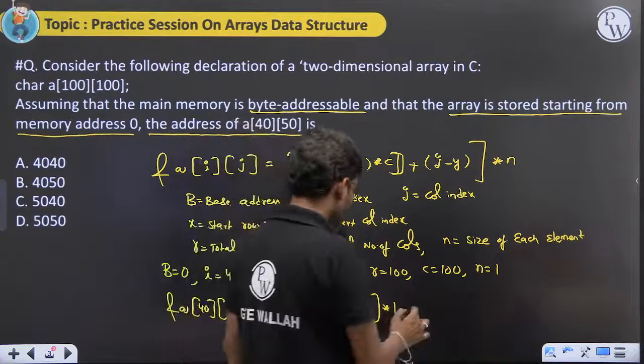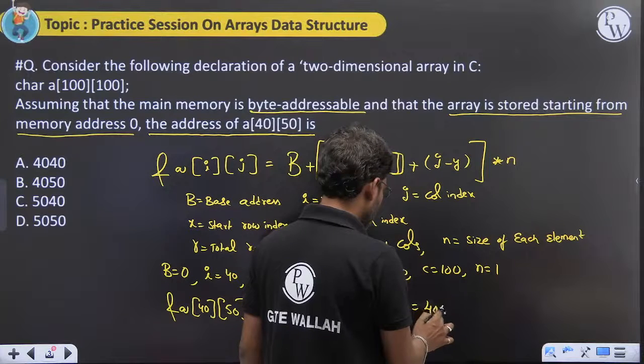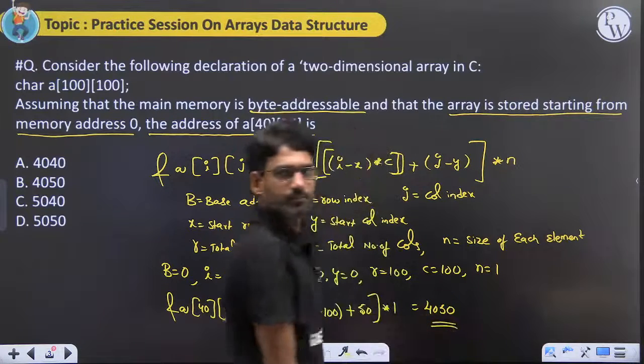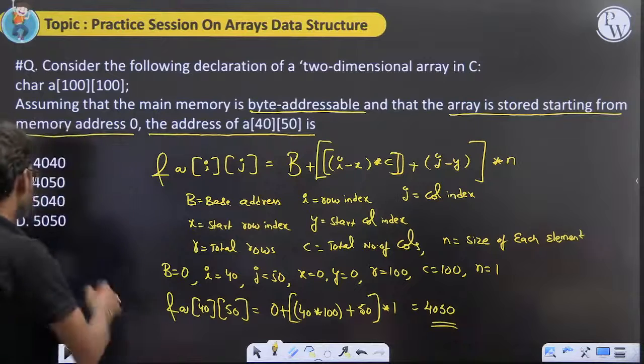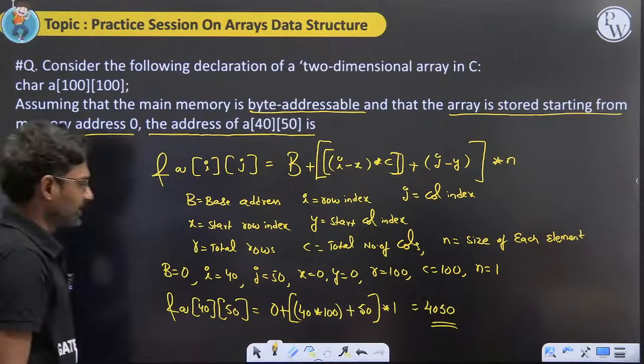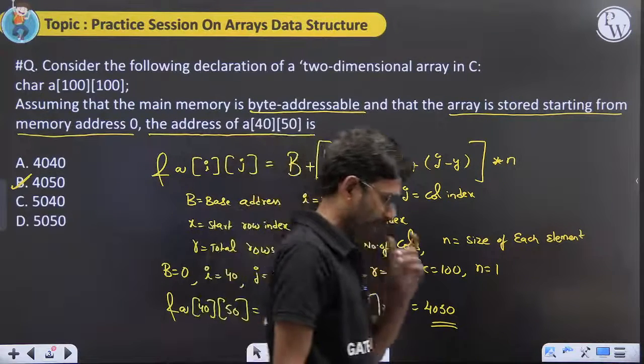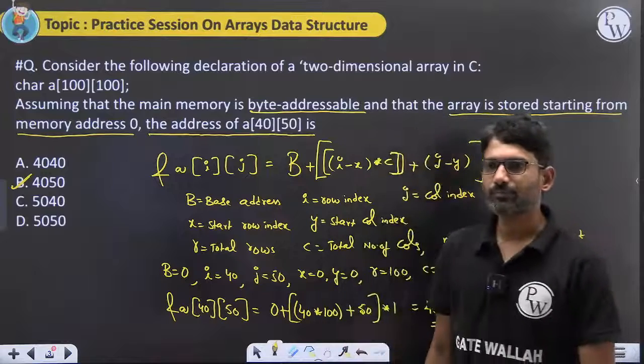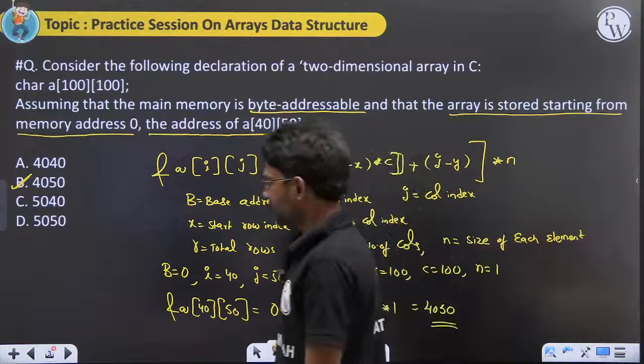So this is 4050. Clear? Option B will be the right answer for this, 4050. Right? Next question.